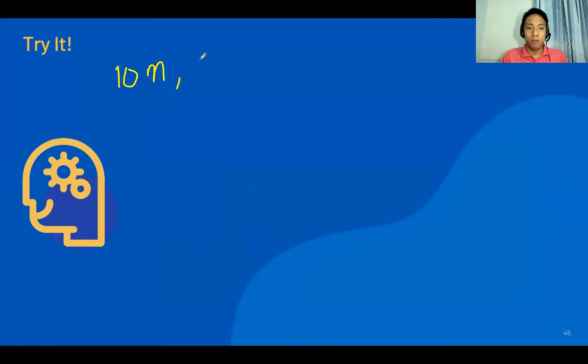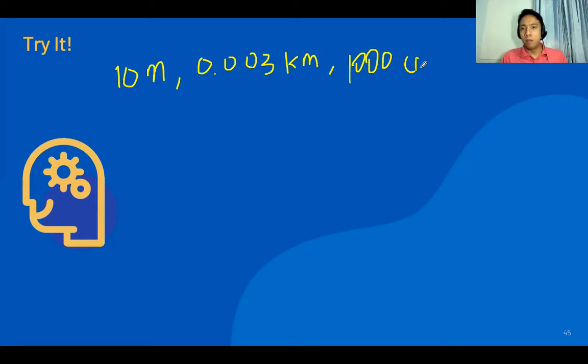We have 0.003 kilometers. And then 1,000 centimeters.